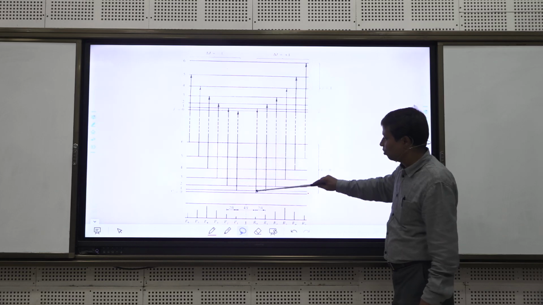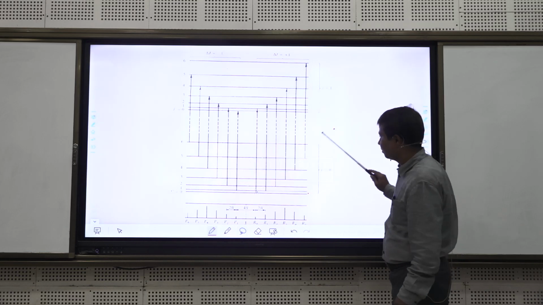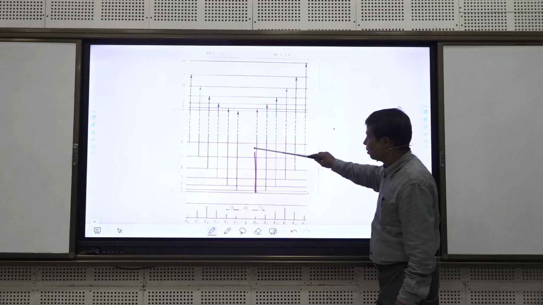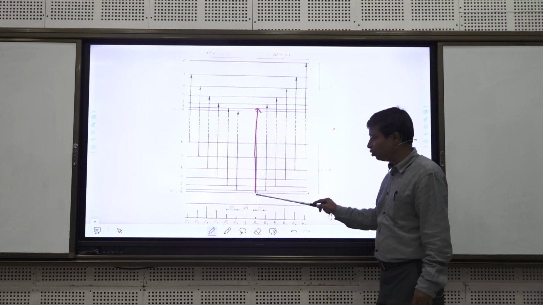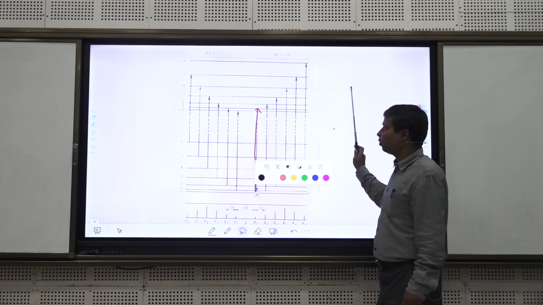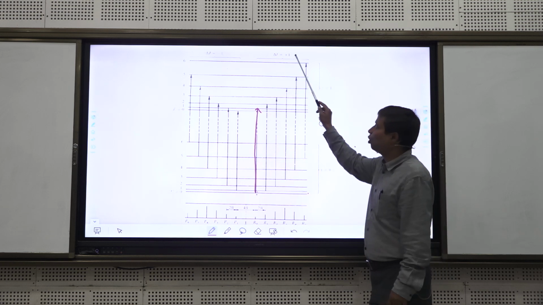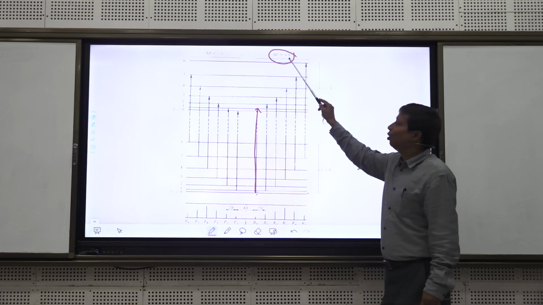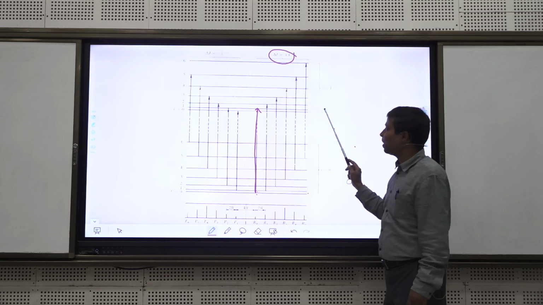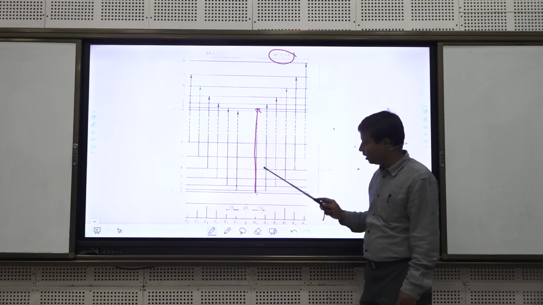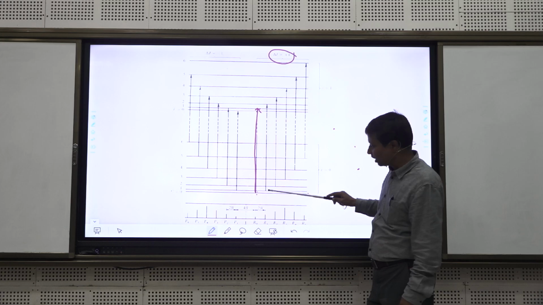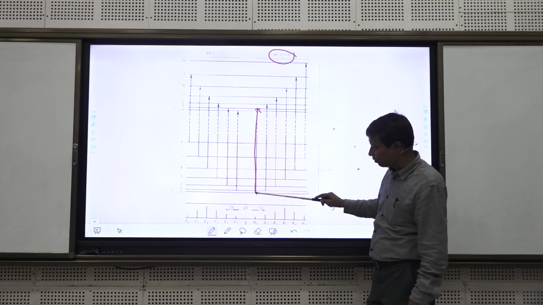Now let us go. Where can we go from J equals 0? We are following delta J equals plus 1, so we can go to 1. We started from 0.